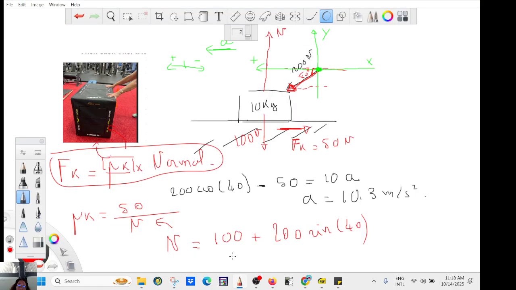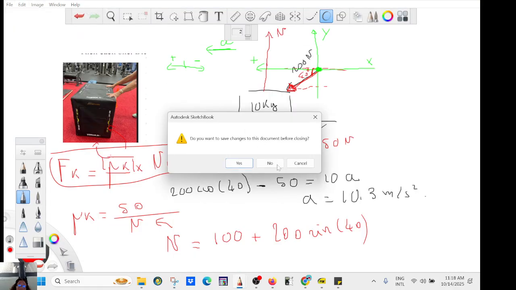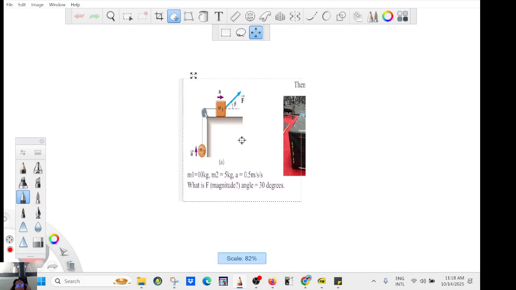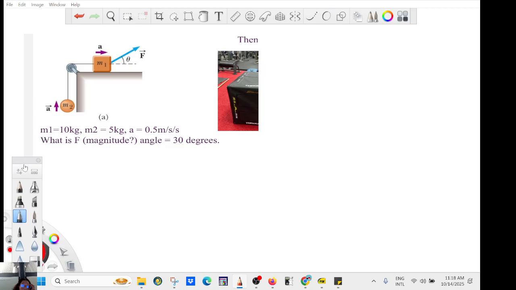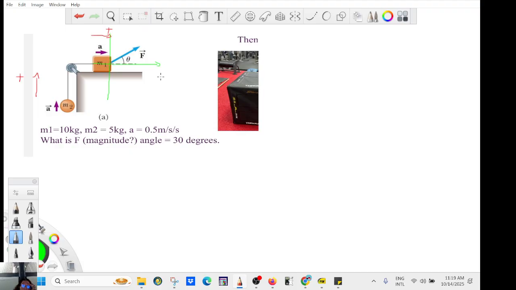I'm going to take this way to be positive, and I'm going to go that way to be positive. This force here has two components, right? You can make a cross. That will be the x component.